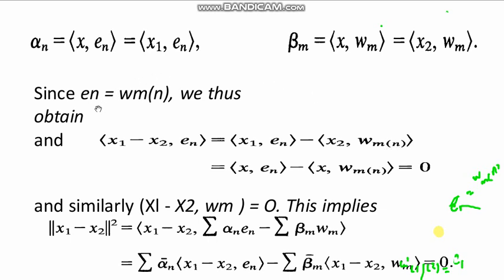Because we have E_n equal to W_m(n), so here we will get E_n by definition of this inner product, but as E_n is equal to W_m(n), we have right here W_m(n), which is equal to the inner product of x and E_n minus the inner product of x and W_m(n). Why does this x come here? Because alpha_n was equal to the inner product of x and E_n, which was equal to the inner product of x1 and E_n.